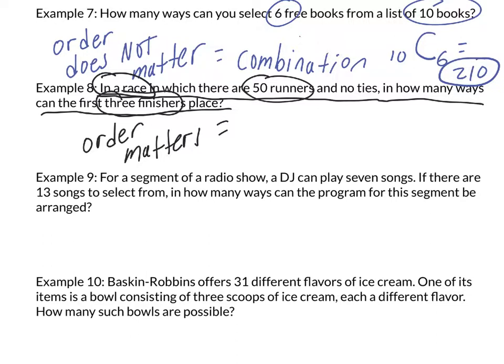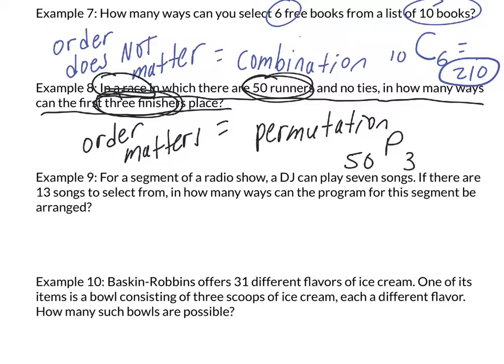So this one is going to be a permutation, which was the nPr button, bigger number first, which is clearly 50. Permutation, they're competing for the first 3 places, so 3. So 50, permutation 3. Your answer is going to be a large one.